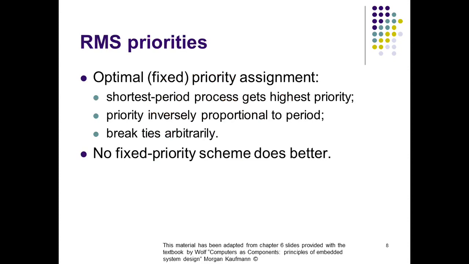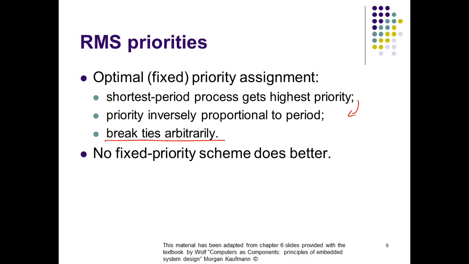This is the best fixed priority scheme to meet all our deadlines; if we assign priorities in this fashion, then we're most likely to meet all our deadlines. So, shortest period gets the highest priority. It follows that your priority is inversely proportional to your period.